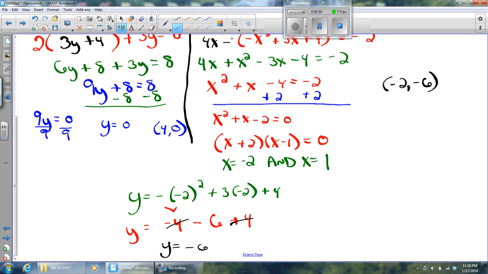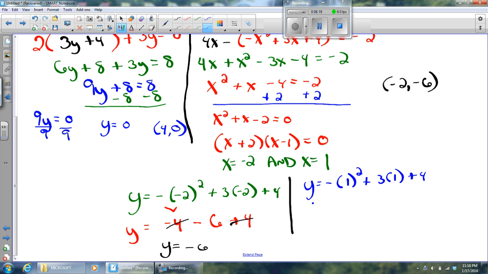All right. The other value, x equals 1, I'll do the same thing. And I'm going to plug in y equals negative of 1 squared plus 3 times 1 plus 4.